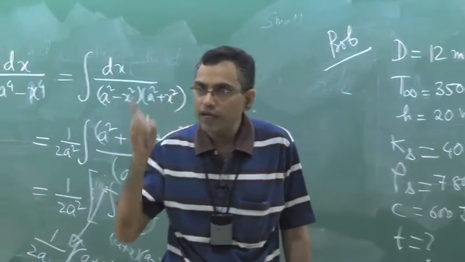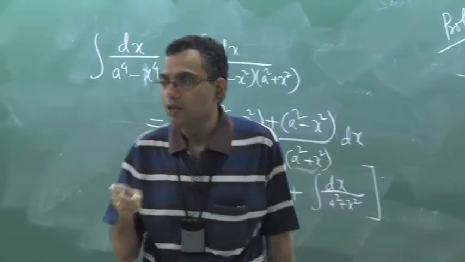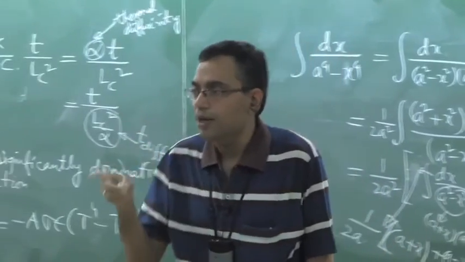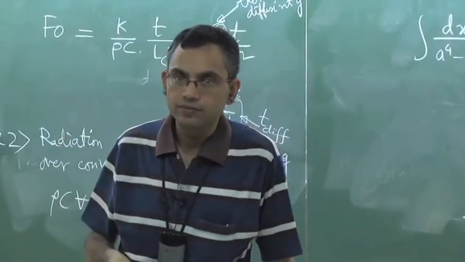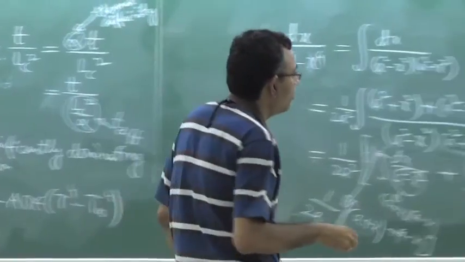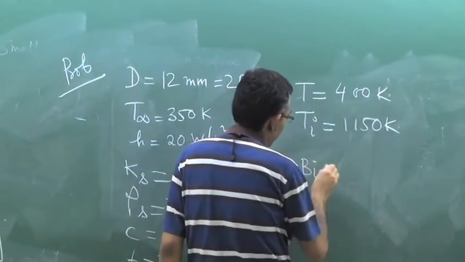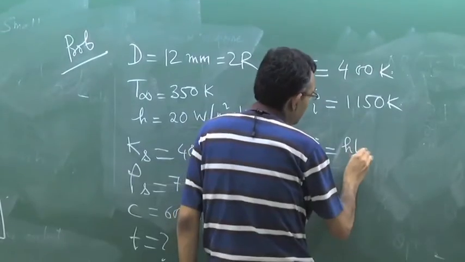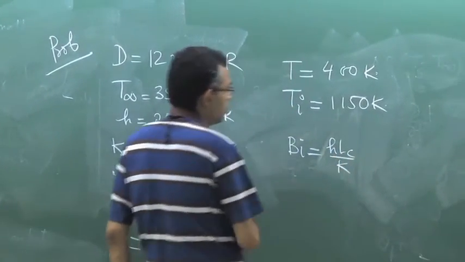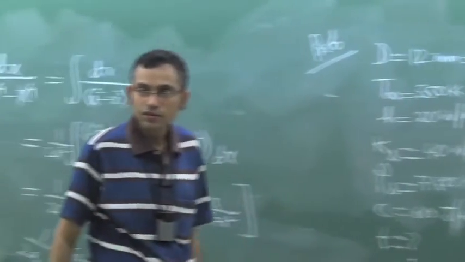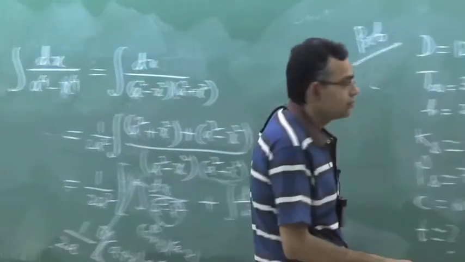So, for solving any problem using lumped analysis, first you have to calculate the Biot number and then tell. So, what is the Biot number? hLc by k. What is Lc here? Volume by area.